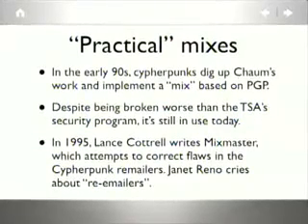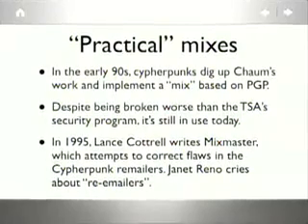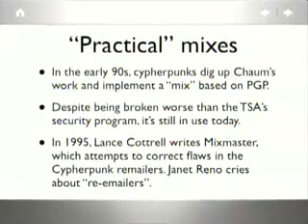There's no padding, the traffic analysis attacks are trivial against it, and, as I say, it's worse than the TSA security program. But unfortunately, I actually think the TSA security program really is just designed for the appearance of security, and the cypherpunk system was designed to provide real security. So that's, in some respect, a bigger problem. Unfortunately, despite it being so broken and everyone knowing that it's so broken, it's still in use today. So we'd like to see that change.